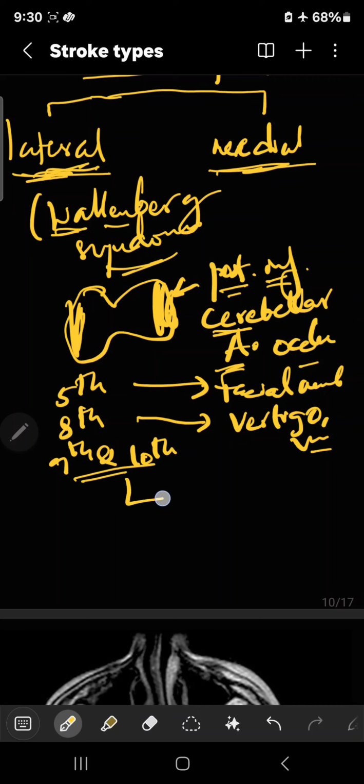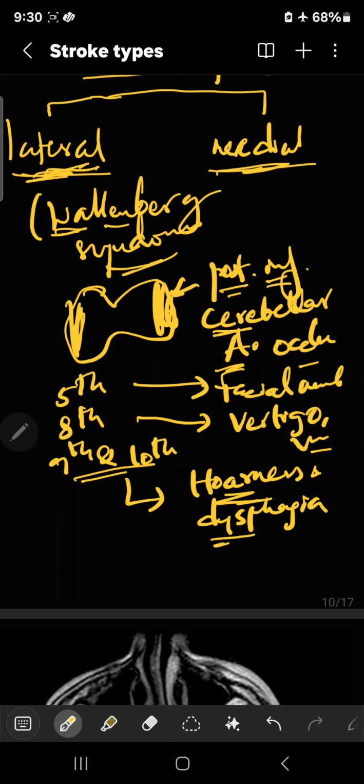And the 9th and 10th, glossopharyngeal and vagus nerves, the patient will have hoarseness, which is very important, and dysphagia. So there will be difficulty in swallowing.